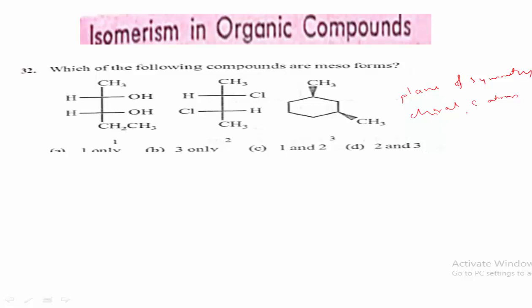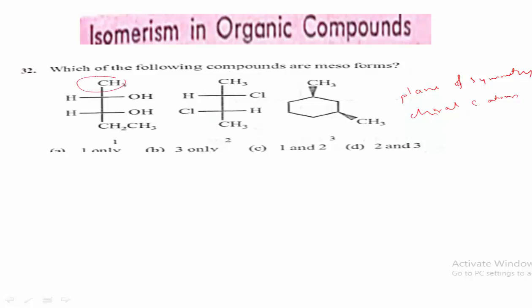Observe carefully. Which of the following compounds are mesoforms? Observe the first structure, second structure and third structure. Does the first structure contain a plane of symmetry? No, because symmetry means they contain similar groups.